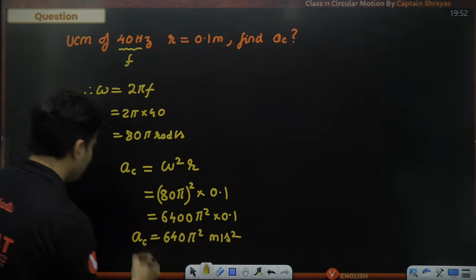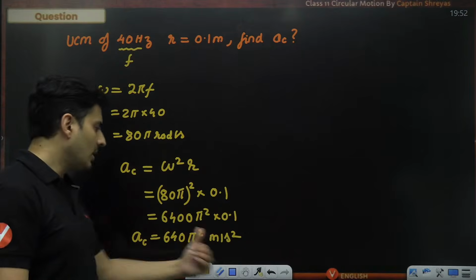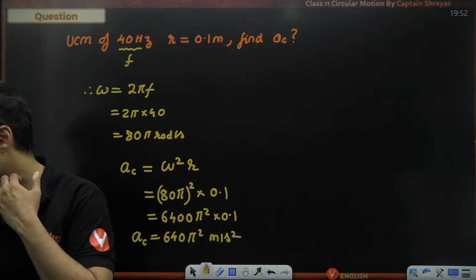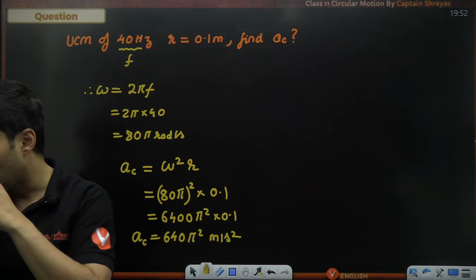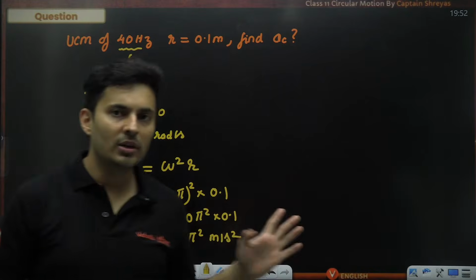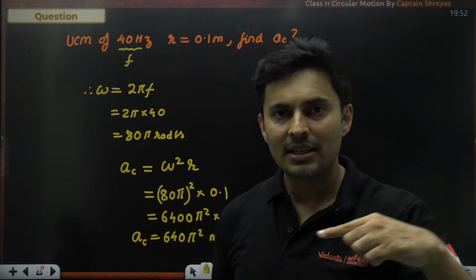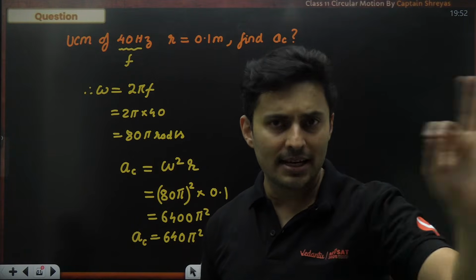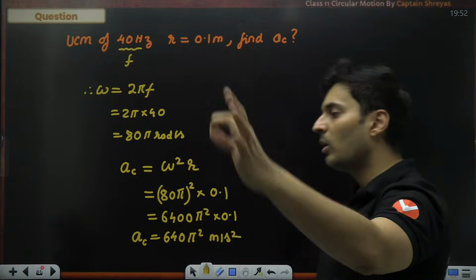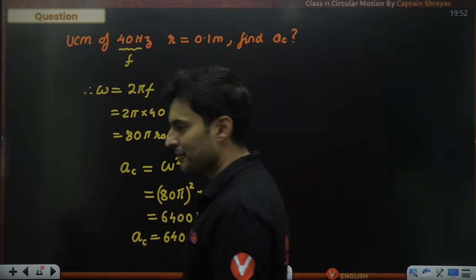That is your centripetal acceleration. Yes, it is valid for all circular motions. Even non-uniform circular motion will have centripetal acceleration because it will have directional change. So wherever the direction changes, it is bound to have centripetal acceleration.